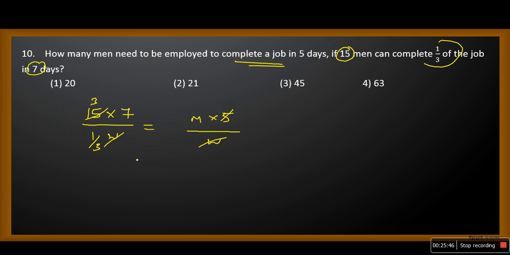So the answer is M equals 63. Option 4. See here, 21 by 1/3, that equals 63. If any ratio is given like this, A by B by C, the value is nothing but AC by B. Simply 21/3 by 1, which is equal to 63. The answer is option 4.